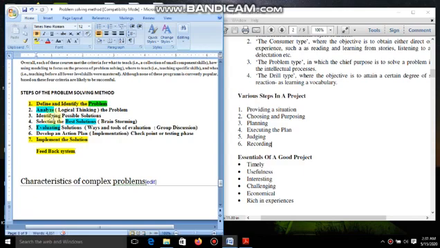If you say the project method is similar to the problem solving method, no, these two are different methods. That's why in your syllabus pedagogy, these two are given in two different bullets.